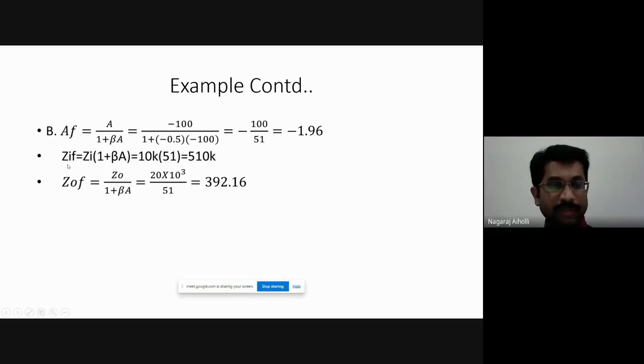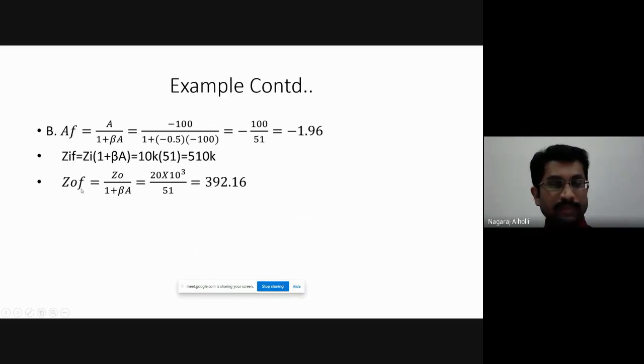Then the second one is input impedance with feedback, ZIF. That will be ZI into 1 plus beta A. ZI is 10K. Then 1 plus beta A is 51, as we have got here. 10K into 51 will be 510K.